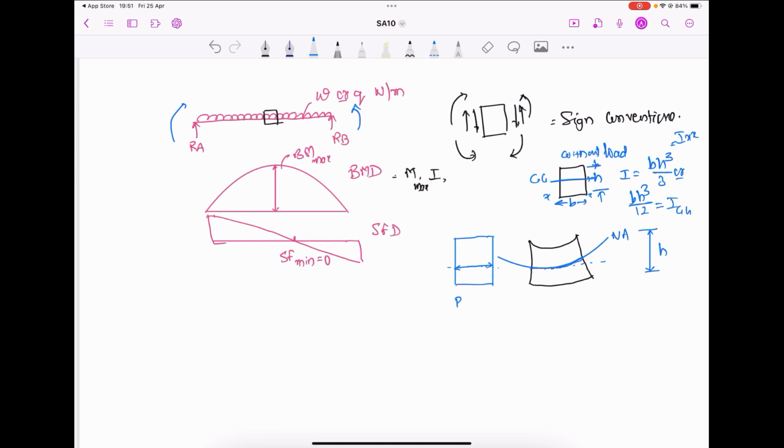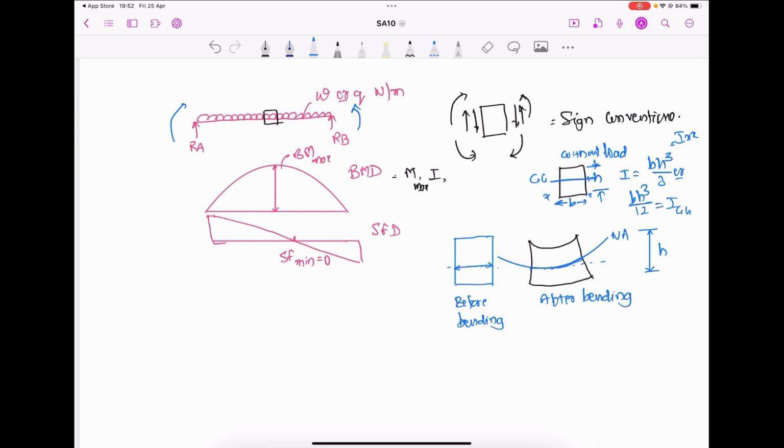This is before bending. This is after bending. Before bending, this is the length. I am not talking about the beam length. I am talking about the cross section.